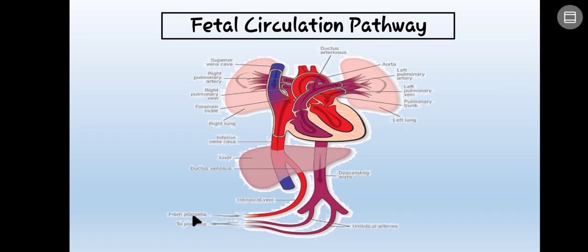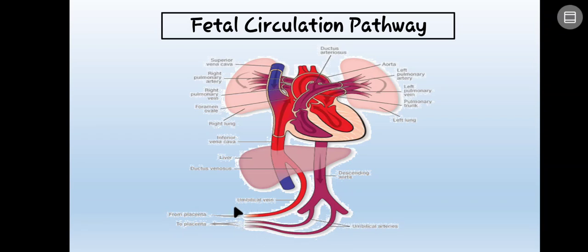That is the first thing that you have to note. The fetal circulation does not begin with deoxygenated blood. It rather begins with oxygenated blood coming from the mother's circulatory system with the help of the placenta.